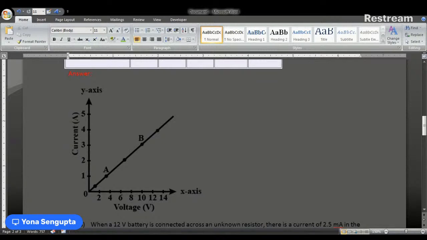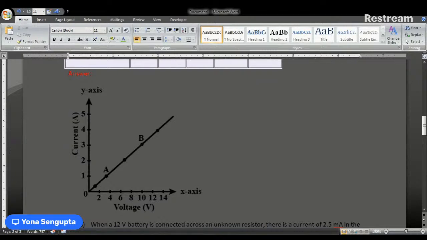Okay, so this is the plot. I've plotted this graph between V and I, and now the question says to calculate the resistance of that resistor. As we know, the slope of the line gives the value of resistance.